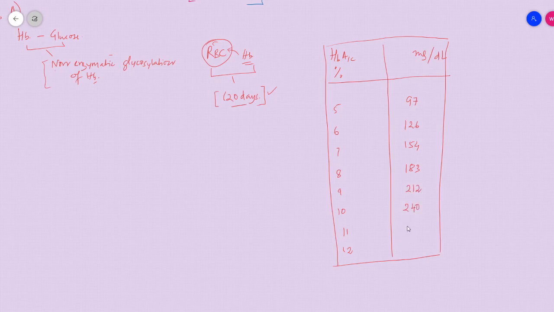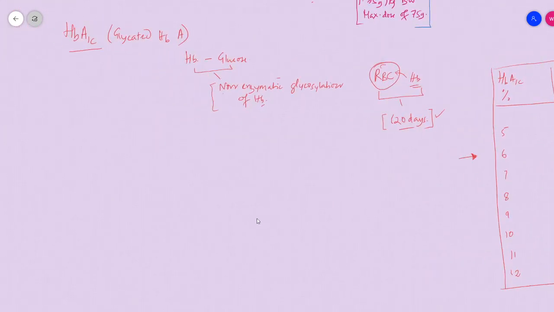And for 11, it's 269, and for 12, it is 298. Okay, right. So this could be a ready reckoner for us. When we get back the lab results, if this is in our mind, we can have a good idea about whether the patient's blood sugar has been controlled.